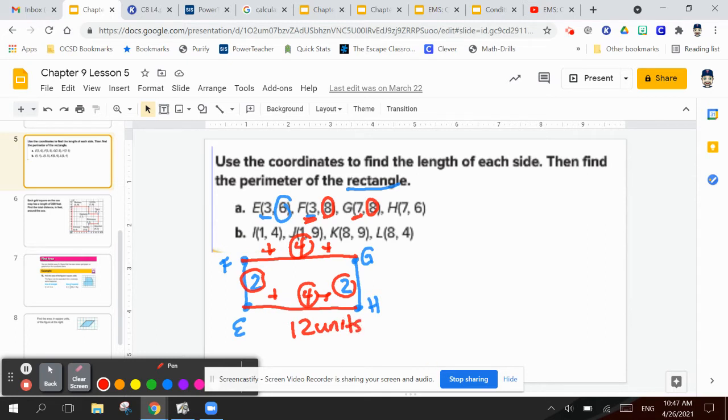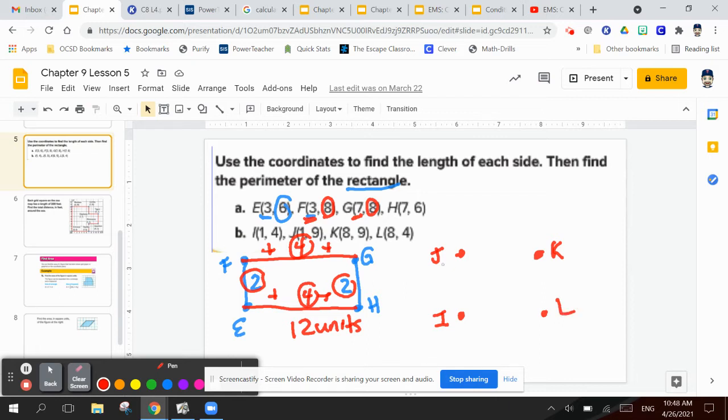If I look at letter B, I is 1, 4, J is 1, 9, K is 8, 9, L is 8, 4. I go over 1, up 4, and that's I. Over 1, up 9, that is J. Over 8, up 9, that's K. And over 8, up 4 is L.